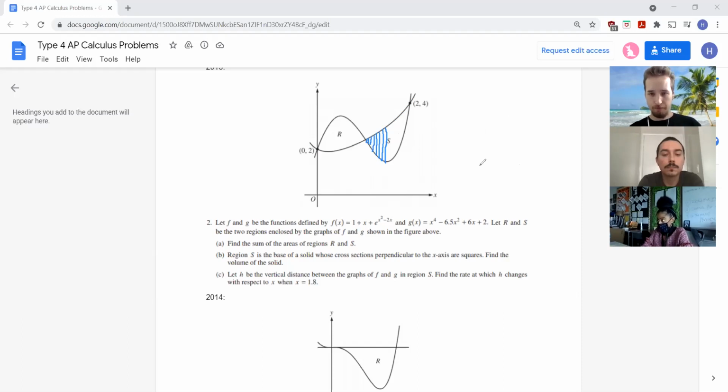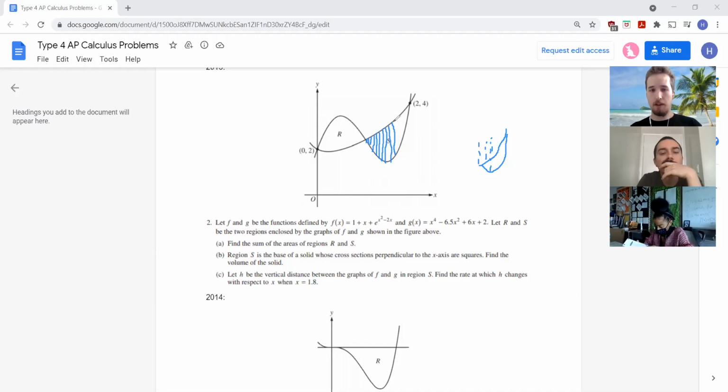I'm no good at drawing, but we have this solid here, and it's got a height. These lines, the cross sections perpendicular to the x-axis, which have a height, are squares.